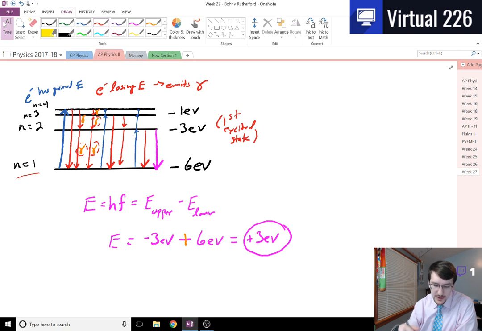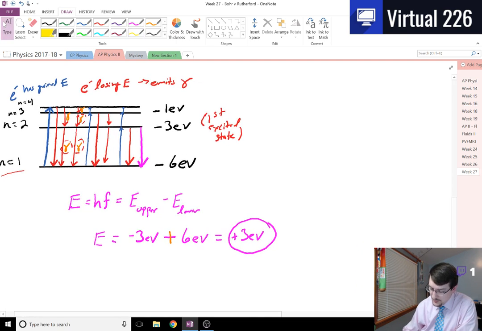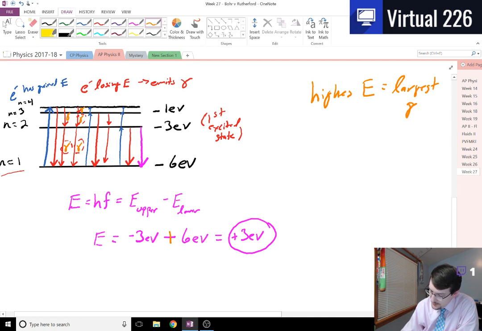If we're going up or down, and let's just consider the down scenario every time here, we can look at this diagram and determine a few things. We can actually determine which photon released out of all of the red down arrows has the highest energy. To do that, we're just looking for the largest gap. So the highest energy equals the largest gap.